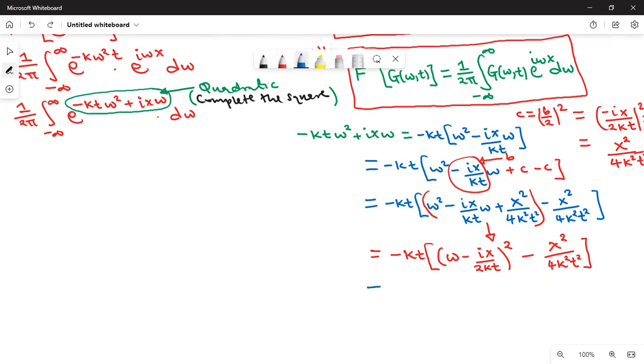If I open the bracket, I'll get negative kt times omega minus iota x over 2kt, this is supposed to be squared, then plus kt x squared over 4k squared t squared. And now we can simplify.